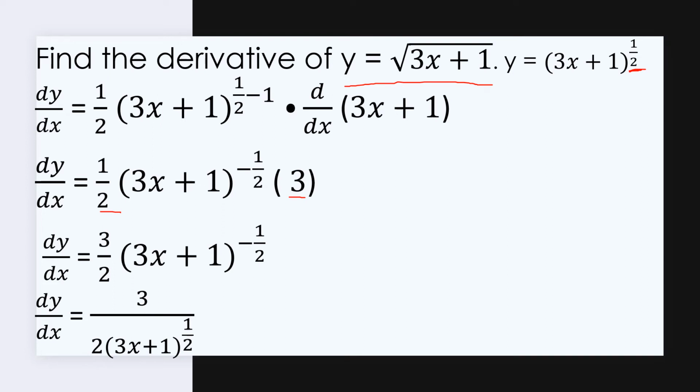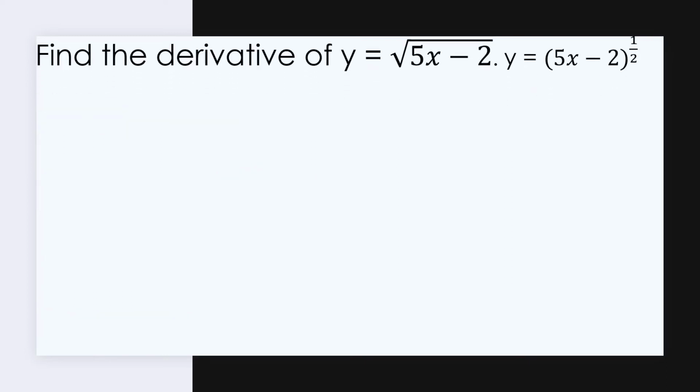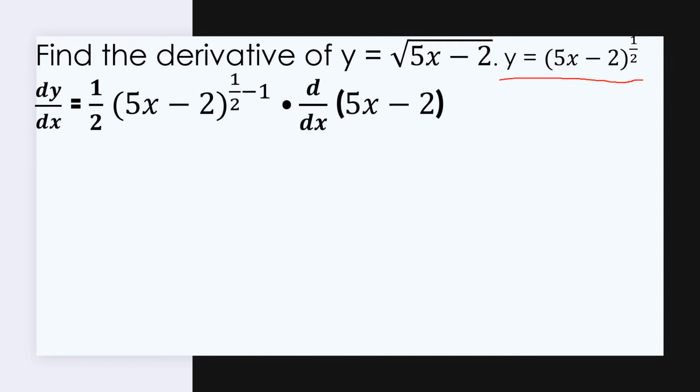Another radical example. Find the derivative of the square root of 5x minus 2. Transform it to exponential: the quantity 5x minus 2 raised to the power of 1/2. So 1/2 times 1, 1/2 again. 1/2 minus 1 times the derivative of 5x minus 2, which is 5.